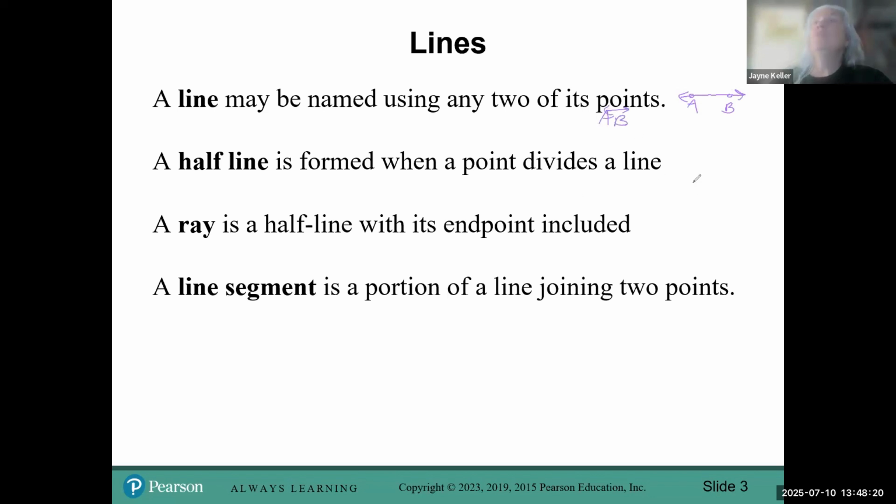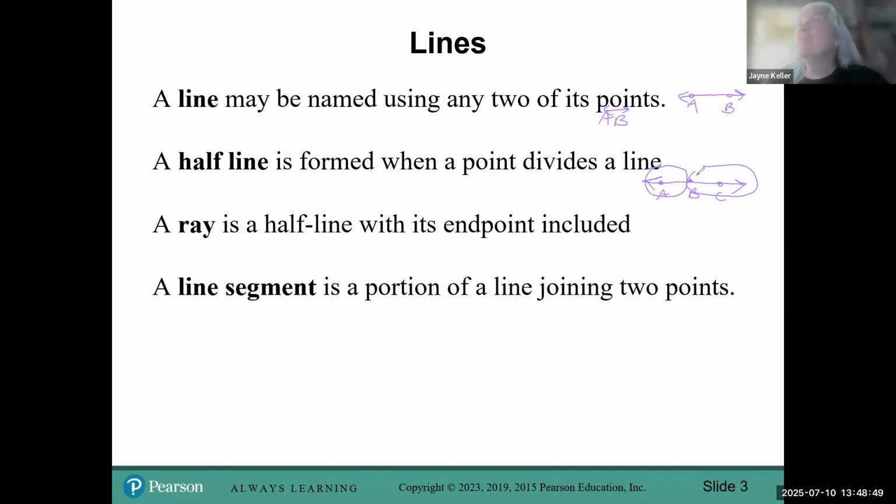And we can do what we call half of a line. So instead of going all the way in that direction, I might have something like this: A, B, C. Half of the line would be either this or this.